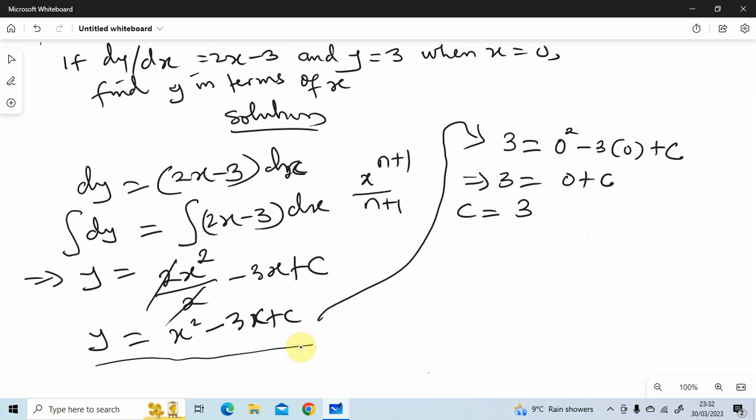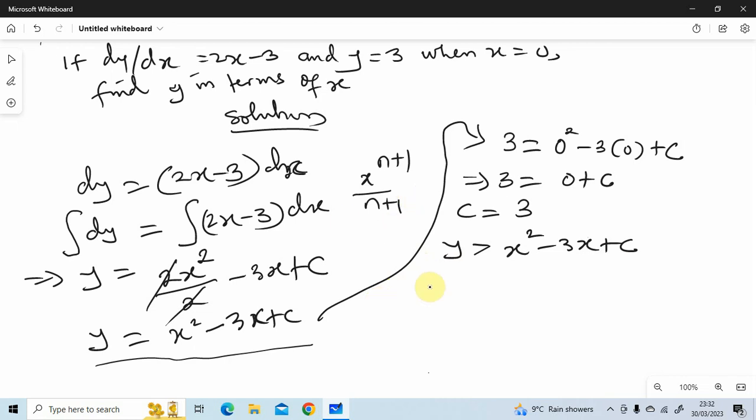So I will now have to recall back this equation, which is y is equal to x squared minus 3x plus c. So in this case, for me to get the value of y in terms of x, I'm going to substitute c with 3.